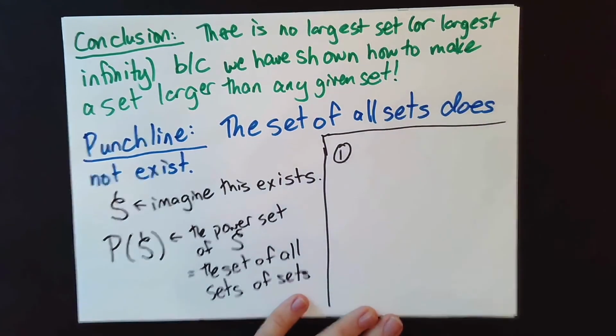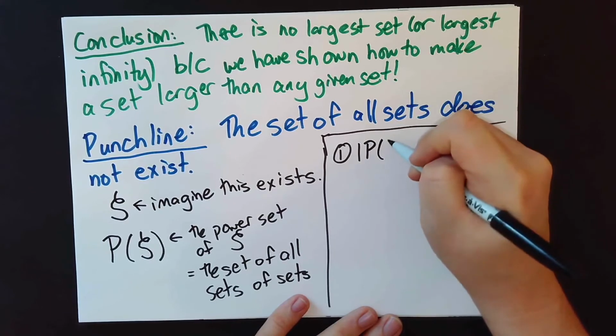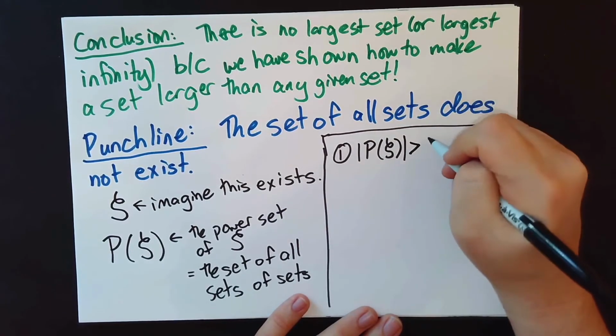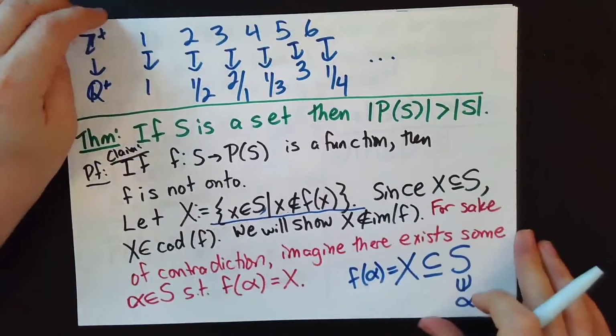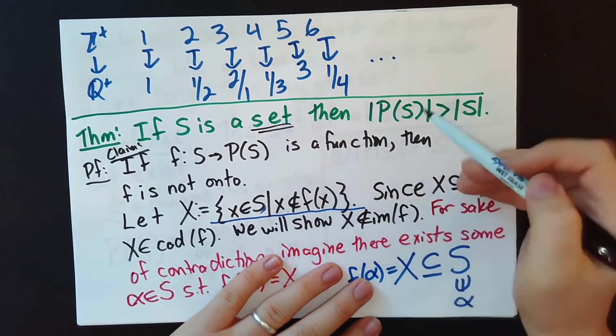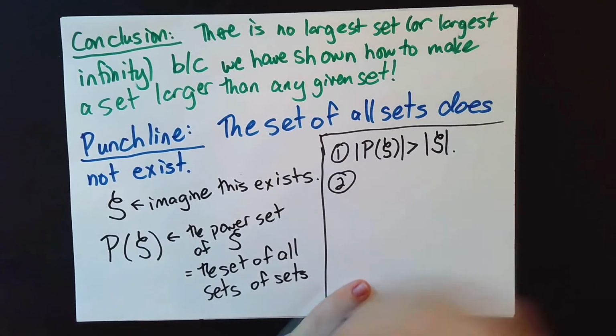Thing 1 is I can say that the size of the power set of the set of all sets is strictly larger than the set of all sets. How do I know that? Well, we literally just proved that no matter what set you choose, the power set is always strictly larger. Now here's the worrying one.